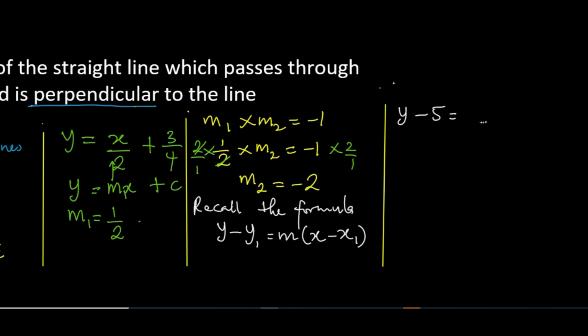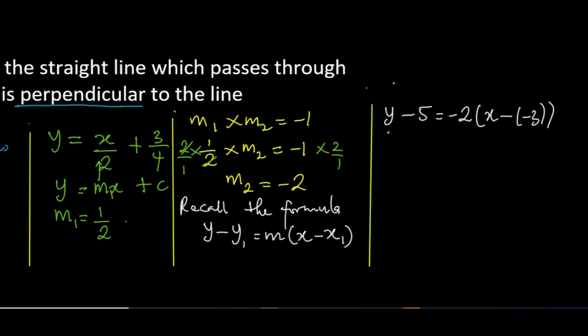So we now have y minus 5 is equals to m, which is minus 2, into bracket x minus minus 3. Okay, y minus 5 now is equals to minus 2 into bracket minus 2x, minus 2 times plus 3, because minus times minus 3 is plus 3. So you have minus 6.